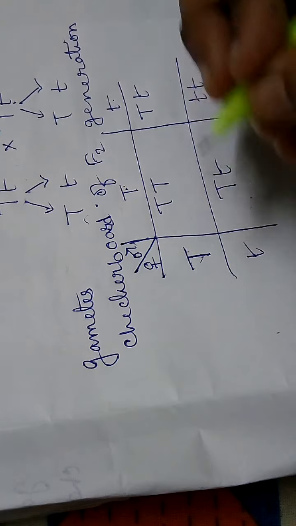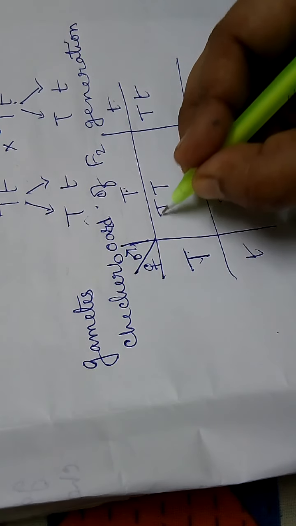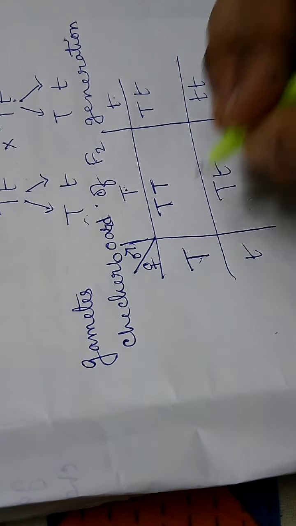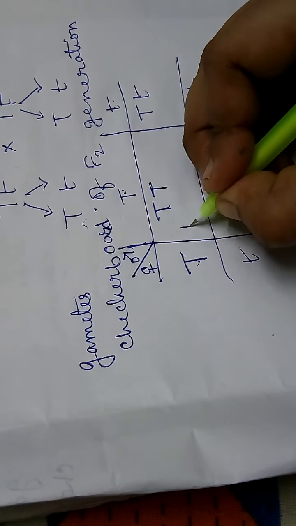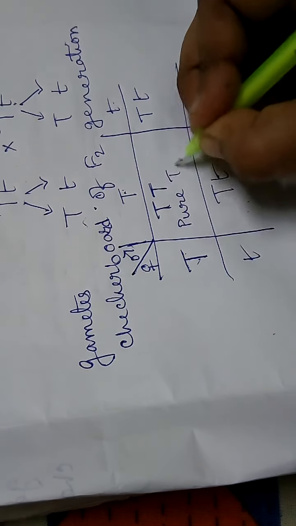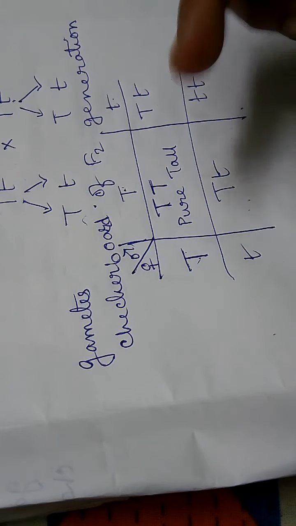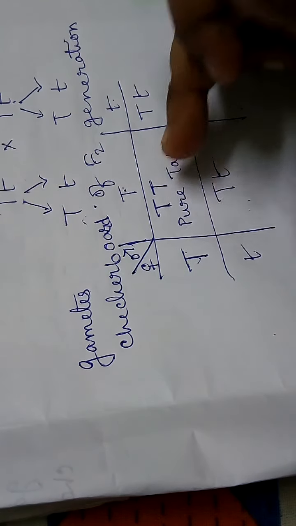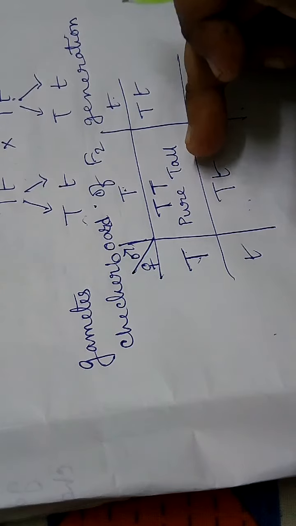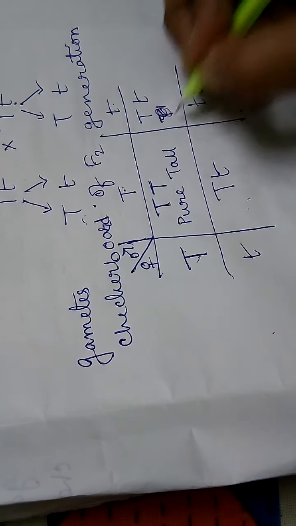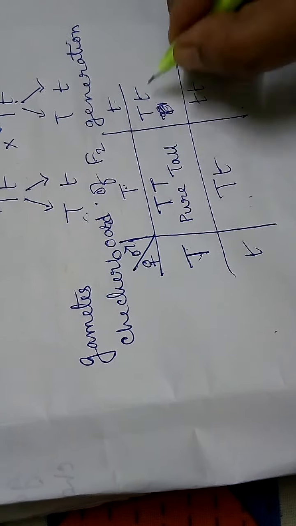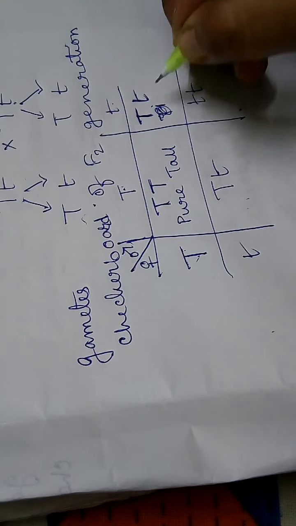Now write the phenotype. Two same kind of alleles are present, so this is pure tall. So the phenotype is capital T, capital T, pure tall. That is tall because capital T is expressed over the small t.